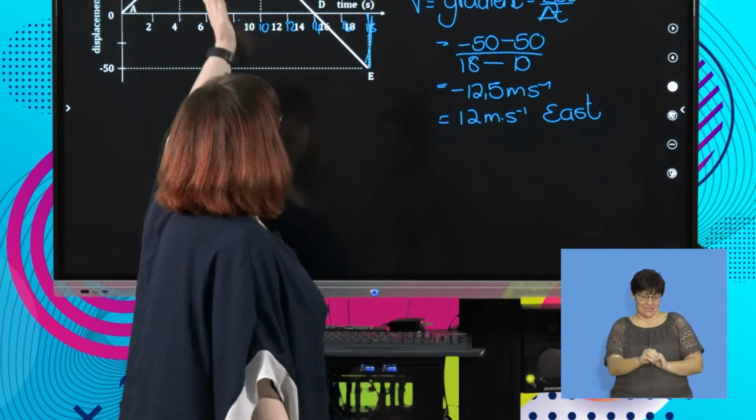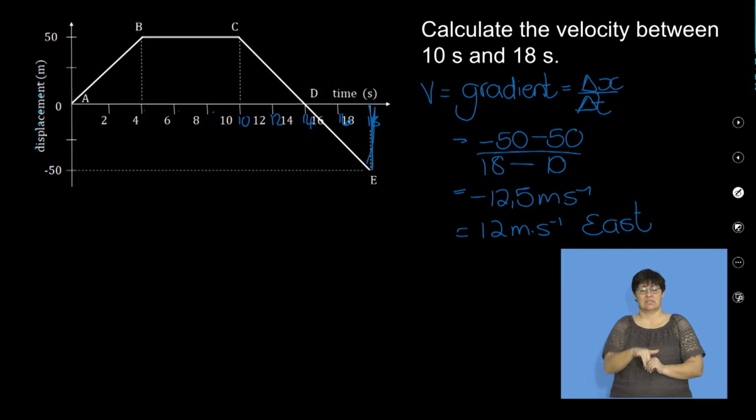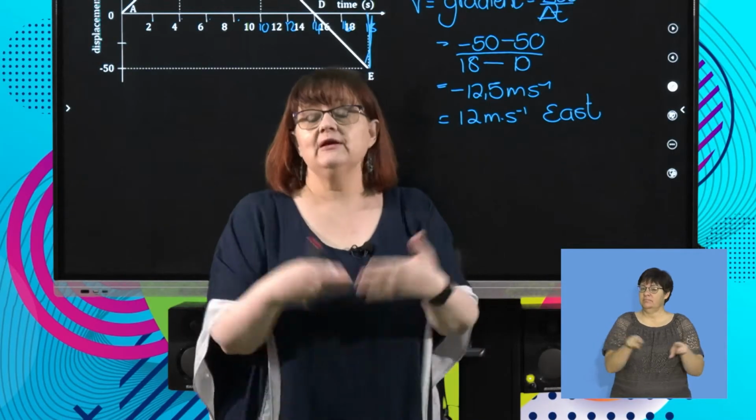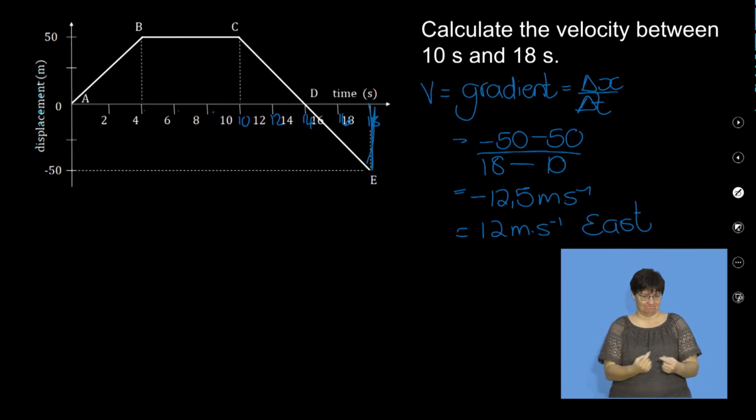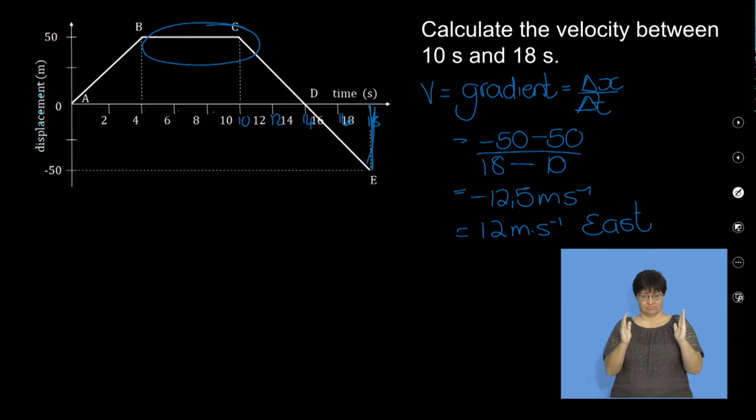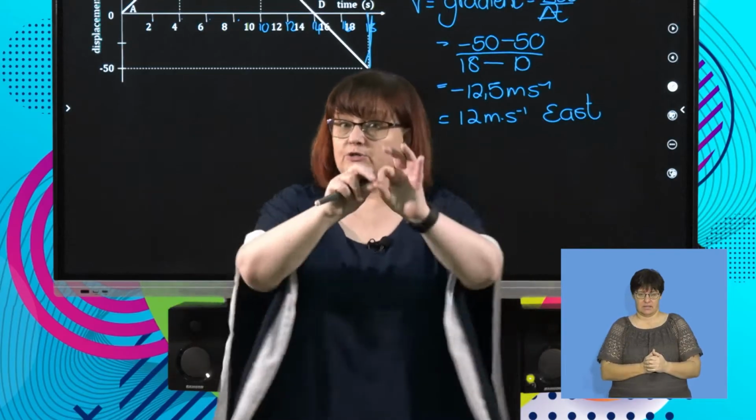I would ask you, what is his velocity at 18 seconds, okay? The same thing applies as what we just did in the last question, which I know feels a little strange now because in the real world this wouldn't happen. Over here, between 4 and 10, he's stationary. He hasn't moved, okay, because his displacement stayed the same.